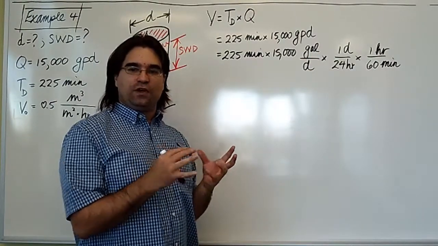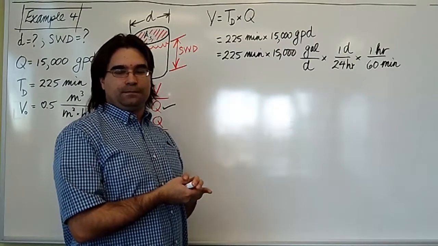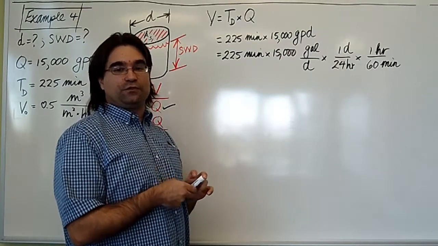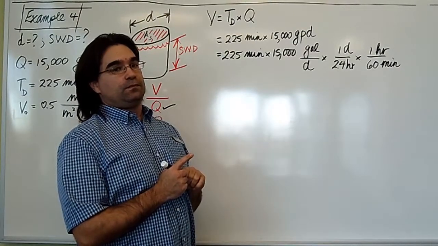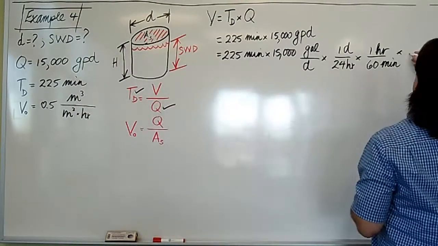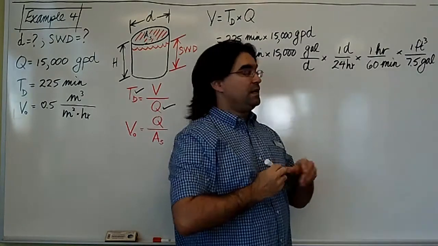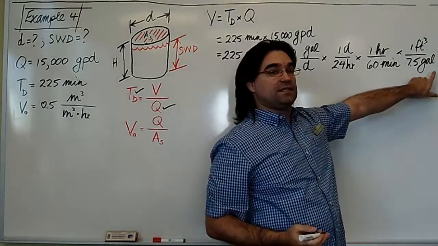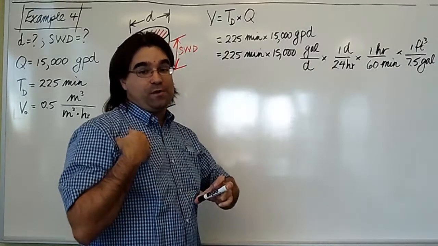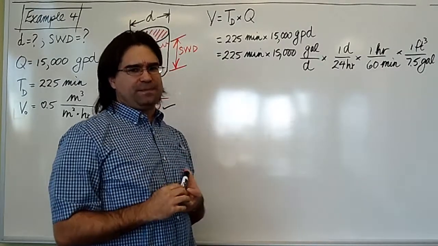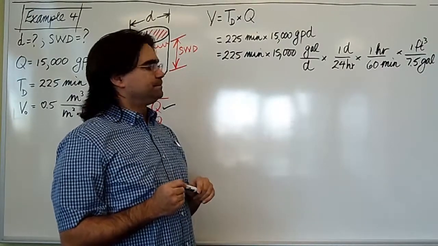Gallons is imperial, feet is imperial. Now, I'm going to remind myself what the conversion from gallons to cubic feet is, which is 7.5 gallons is 1 cubic foot. Now, I remember that, but you can actually look it up if you're not sure. Ready?